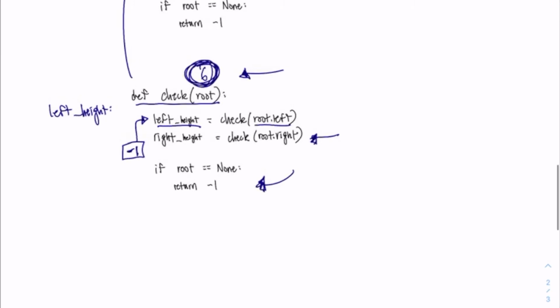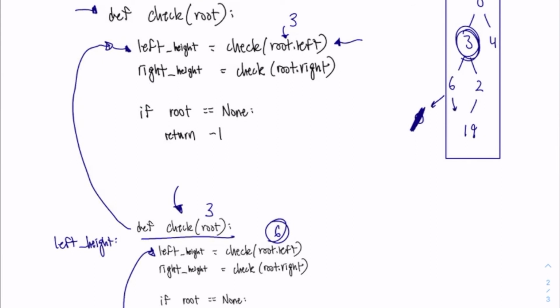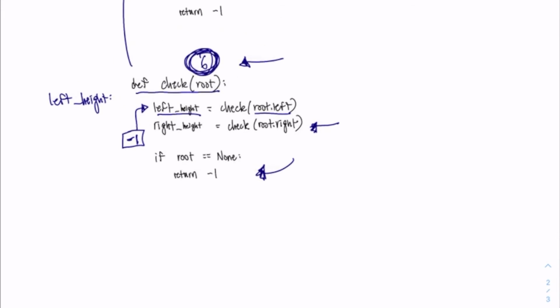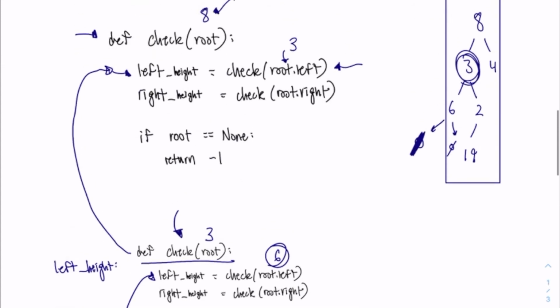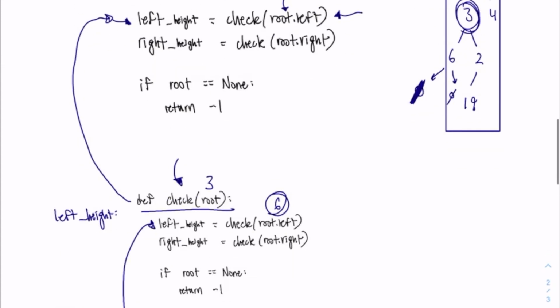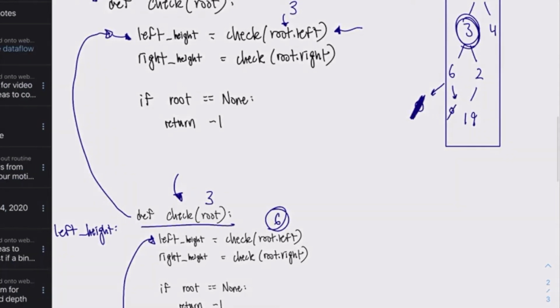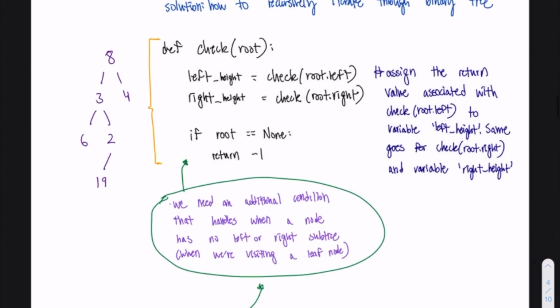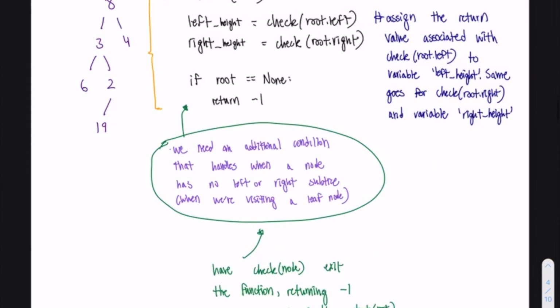And right height is also -1 because the right child node of 6 is also null. So we can assign right height to -1 as well. And that's the most we can do as of now with the statement that we're given, because we only have the condition where we do something if root equals none.